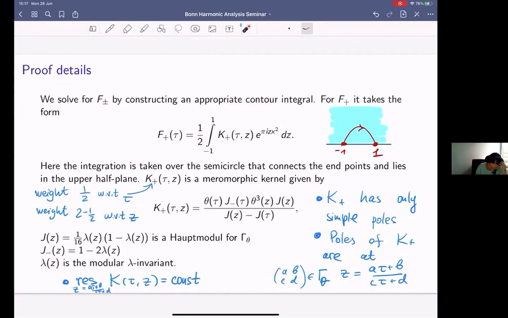And lambda is a modular invariant, a function which is a Hauptmodul for the group gamma 2. Gamma 2 is a subgroup of gamma theta. Yes, gamma 2 is smaller, so gamma 2 sits in gamma theta, and they all sit in SL2(Z).